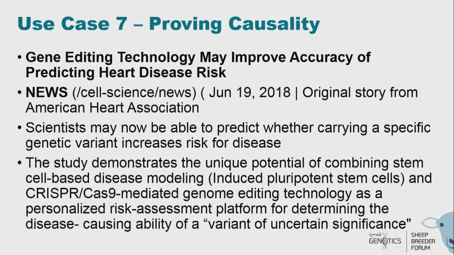Another thing that would be interesting to do is prove causality. So often we find genes where we think this gene is causing some phenotype, but it's very hard to show it exhaustively. And I applied for a large NIH grant several years ago in the US to try and do this for a bunch of known gene effects that we had looked at in cattle.